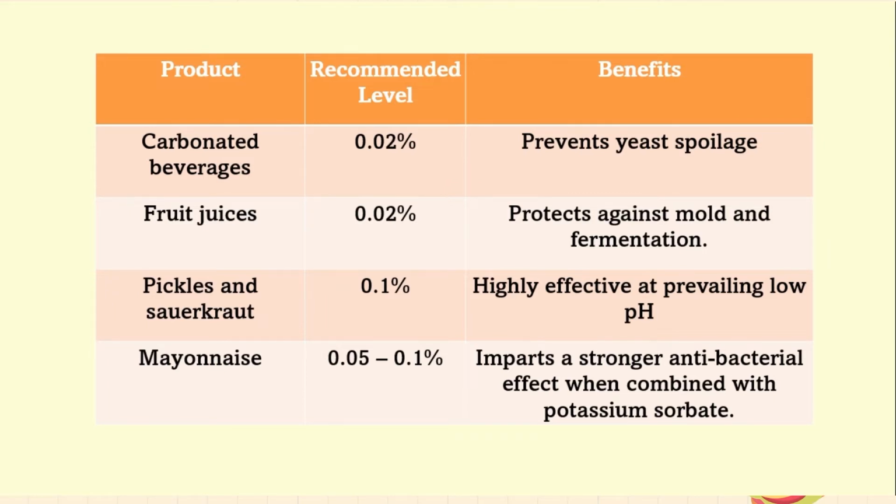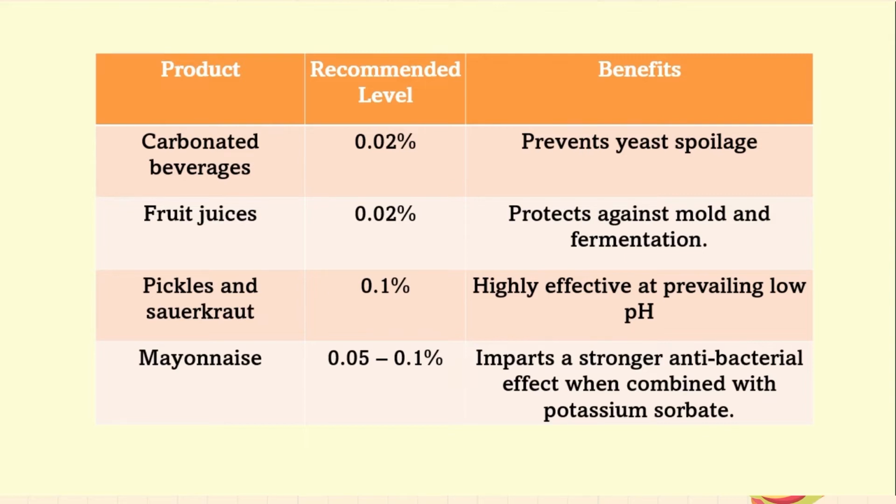So we have examples like a carbonated beverage that has a recommended level of 0.02%, which benefits to prevent yeast and spoilage. It is also used in a fruit juice that has a recommended level of 0.02% to protect against mold and fermentation.